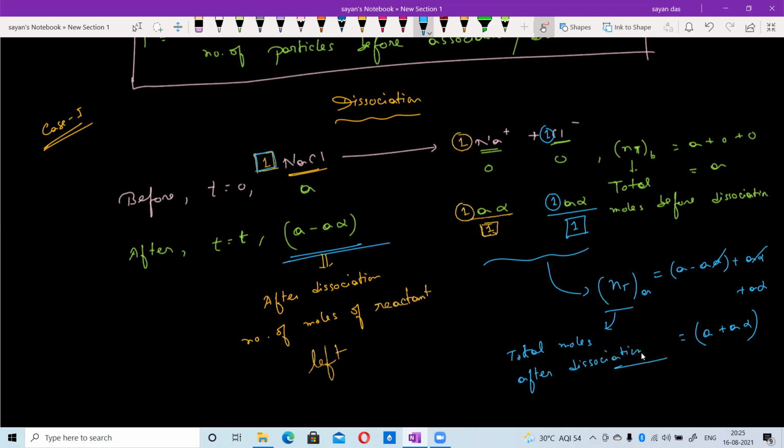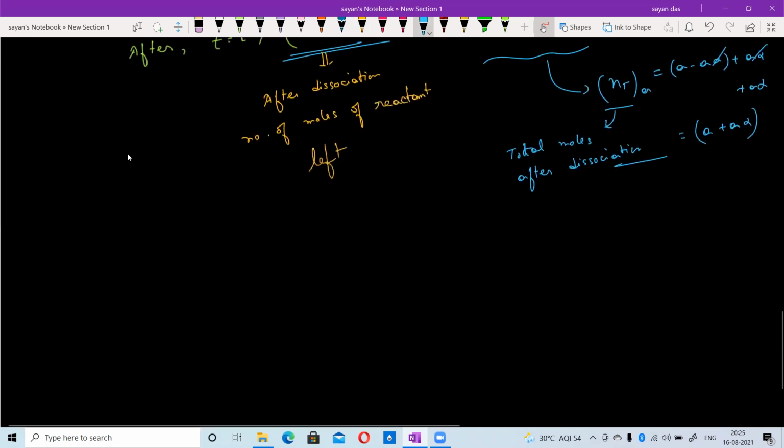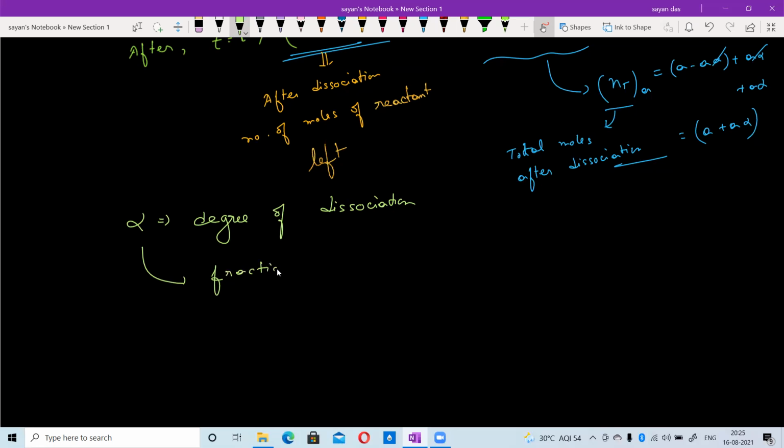Now alpha is taken as the degree of dissociation, which is the fraction of 1 mole dissociated.